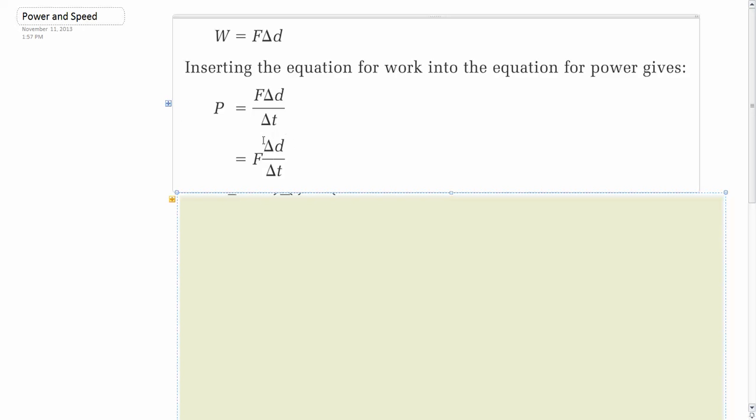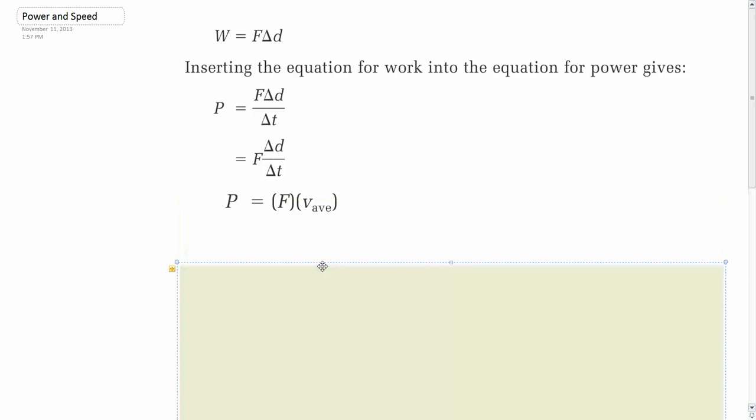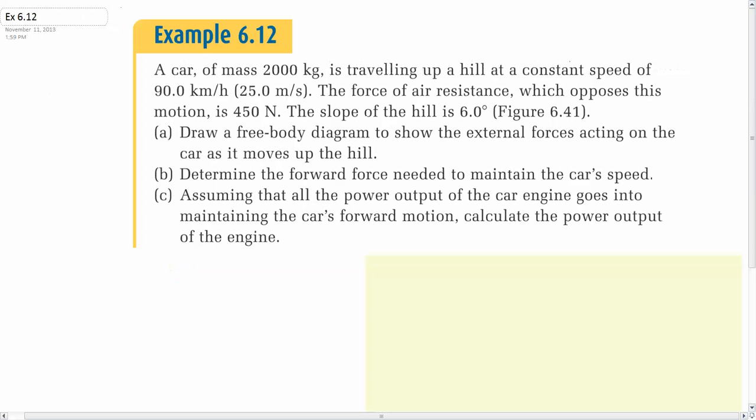We have distance divided by time, and that means we can take force and multiply it by the average velocity to get our power. Now we're going to look at example 6.12, and that's on page 328 in the textbook.